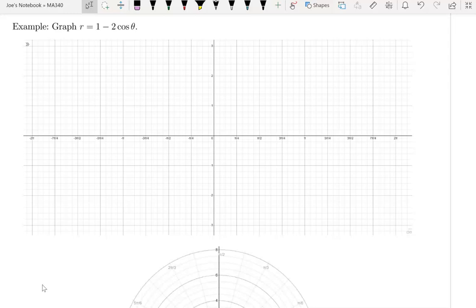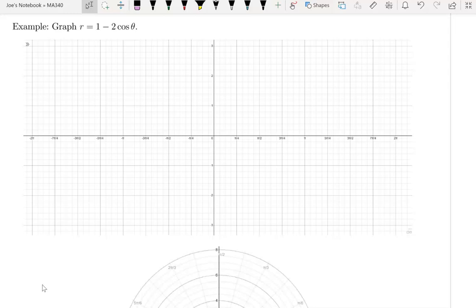Okay, so let's finish up talking about graphing polar curves today. So this one we have, it's asking us to graph r equals 1 minus 2 cosine of theta.